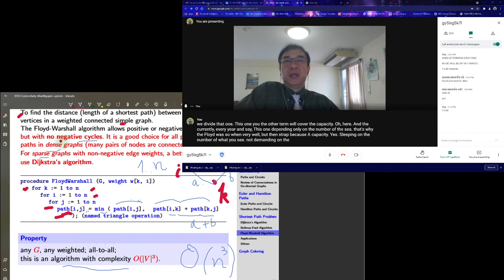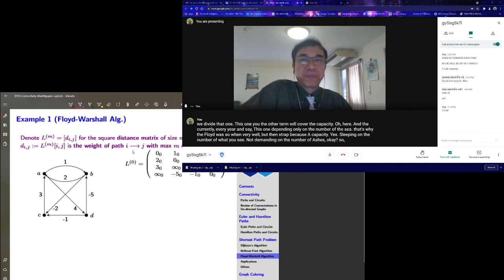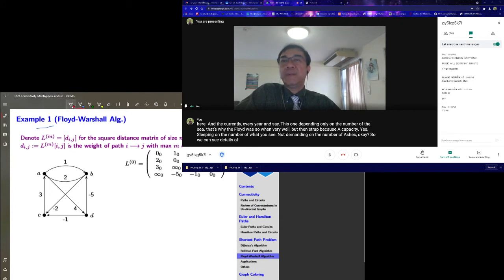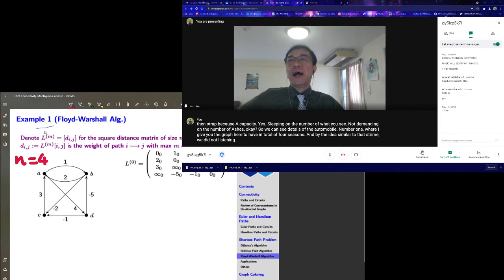Okay, so we can see the details of the algorithm via example number 1, where I give you the graph here with in total 4 vertices. By an idea similar to Dijkstra and Bellman-Ford, we denote the distance matrix. I apply L^m here to be the distance matrix. This one is a square matrix of size n, of course.